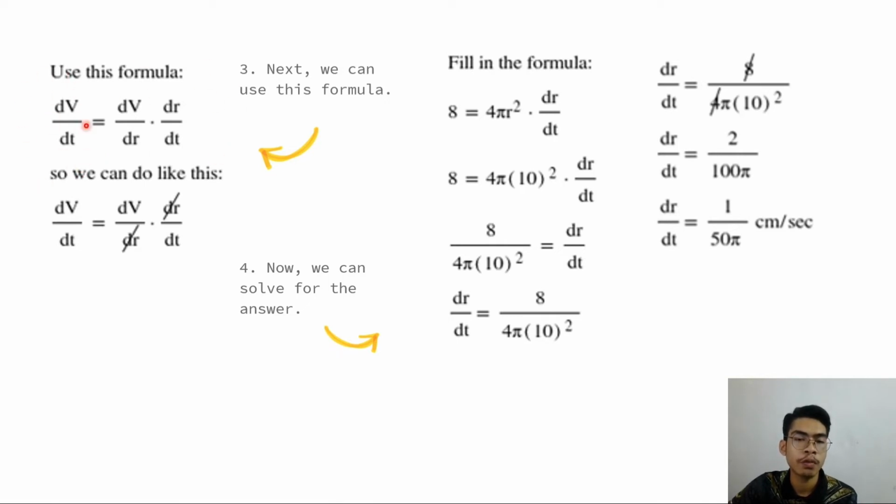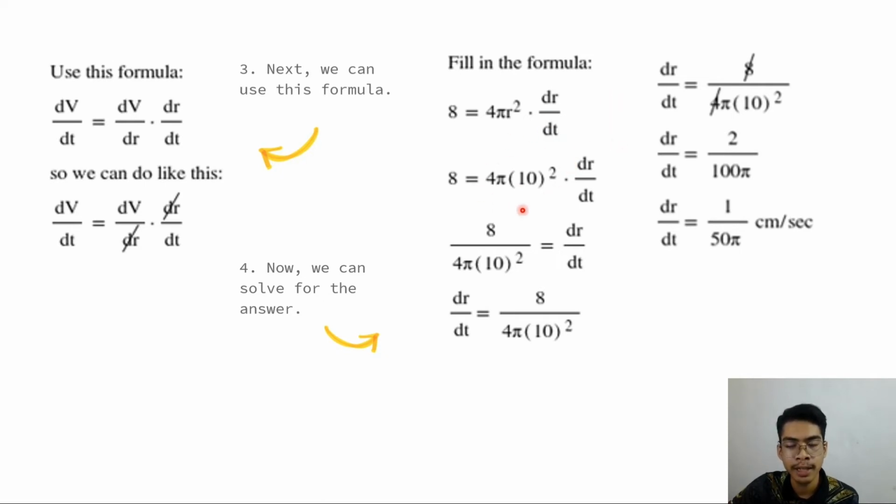So we have dV over dt, that is 8, and dV over dr, that is 4 pi r squared. So 8 equals 4 pi r squared times dr over dt. Next, 8 equals 4 pi 10 squared times dr over dt.